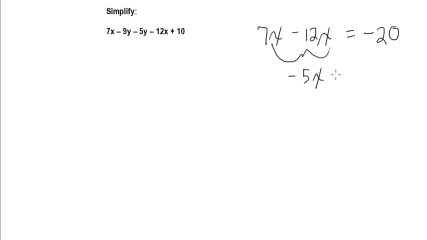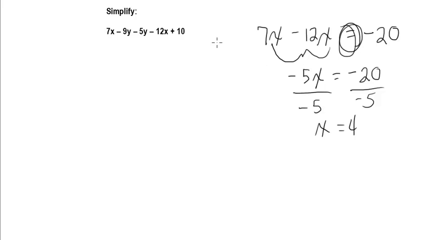If this was 7x minus 12x, and they gave you an equal sign and some value, that would make life much better, because you could combine these two like terms to get negative 5x equal to negative 20, then divide by negative 5, and so x has got to be 4. But you have no equal sign there. That would be really nice, but you don't have that.